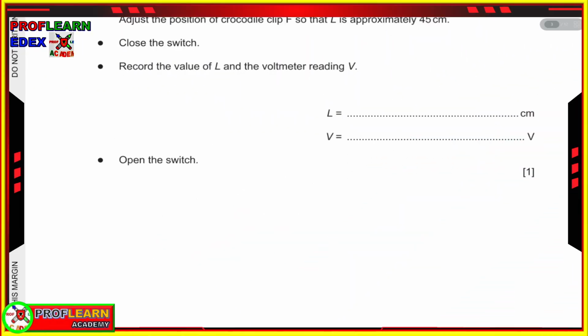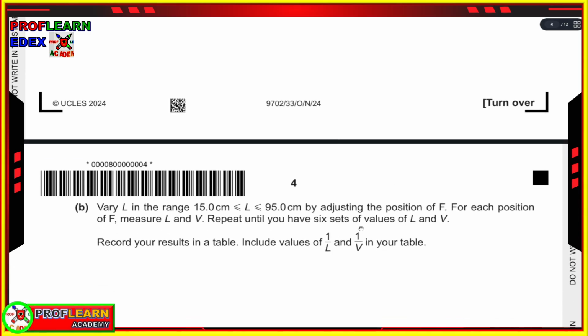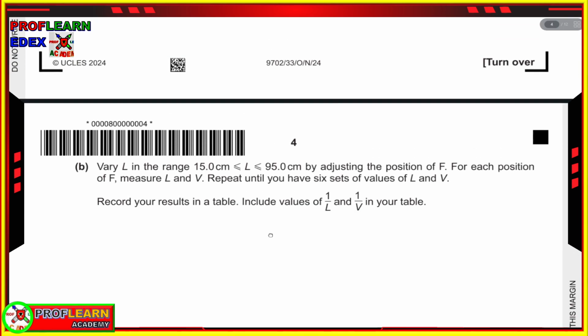So your table must have 6 values, recorded in your result, and your table should include 1 over L and 1 over V. That is the year 2024.